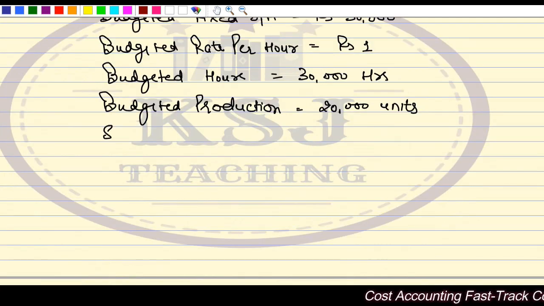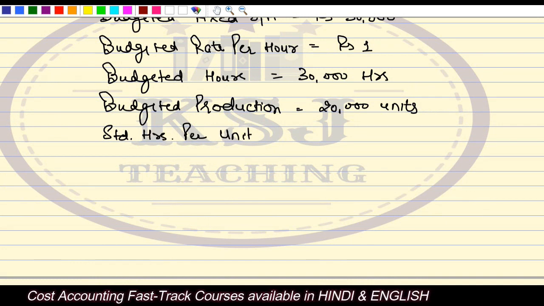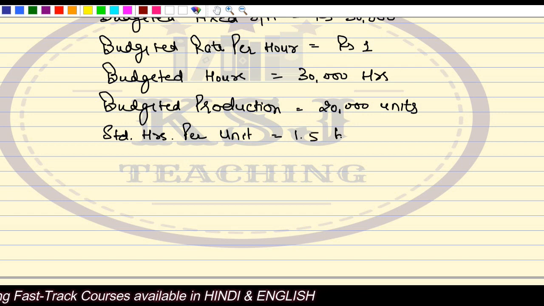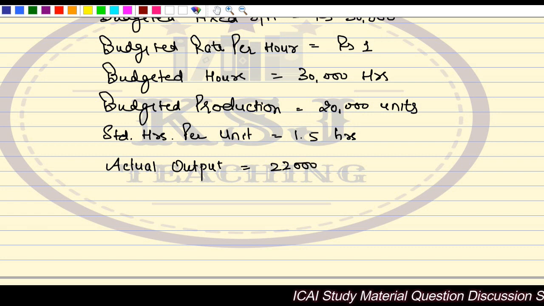Standard hours per unit is equal to 1.5 hours. Now I'll talk about actuals. Actual output is equal to 22,000 units.